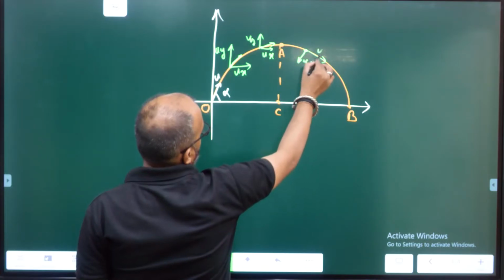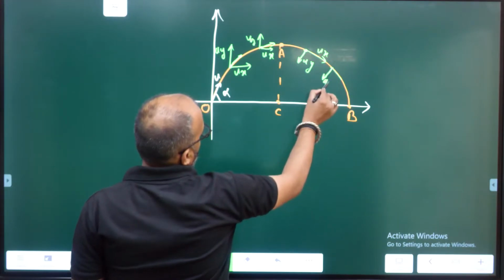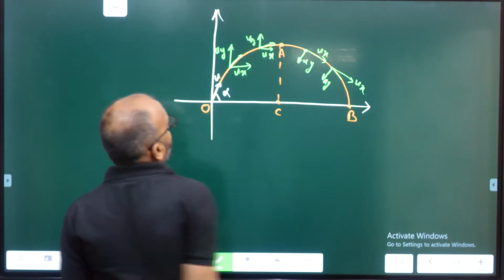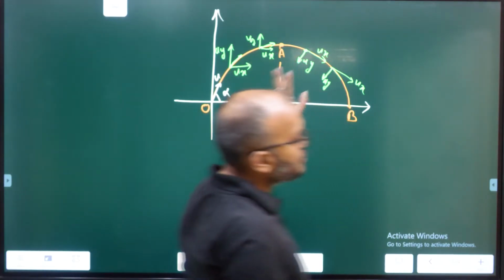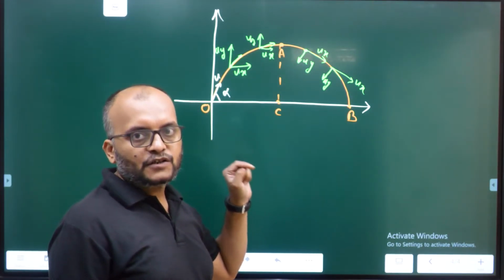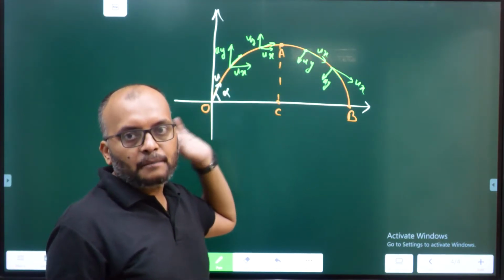So, clear? I have just broken down U into its two components, vertical and horizontal, for different positions along the projectile.